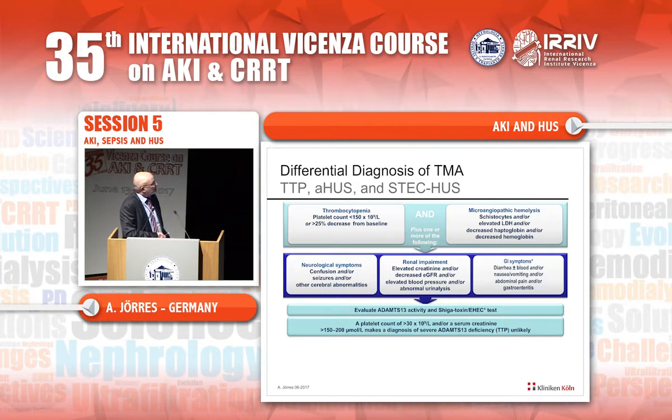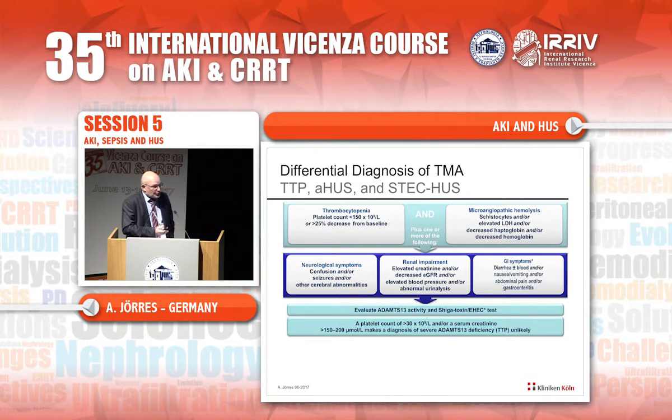If you have a patient with low platelet counts, and at the same time signs of microangiopathic hemolysis, and either neurological symptoms, renal impairment, or gastrointestinal symptoms, you should evaluate the activity of the proteinase ADAMTS13 and also do a Shiga toxin test, which you usually get more quickly than this.